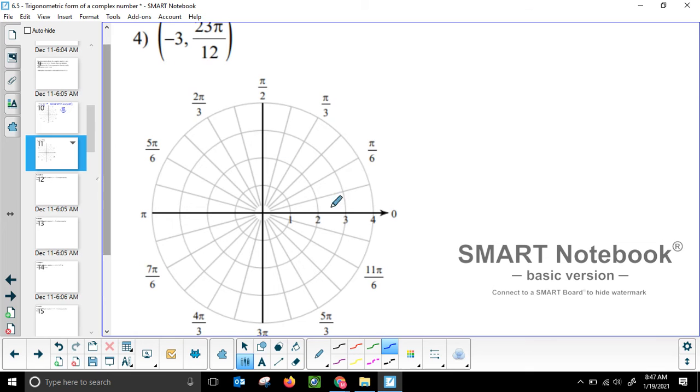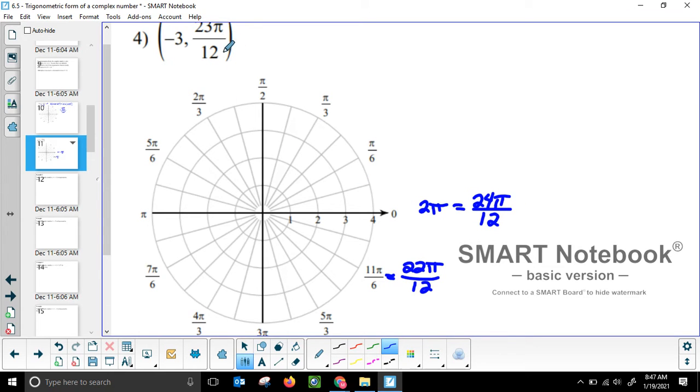Let's change this to a common denominator, which would be 12. So this would be 22 pi over 12. 2 pi, which is the same as 0, would be equal to 24 pi over 12.